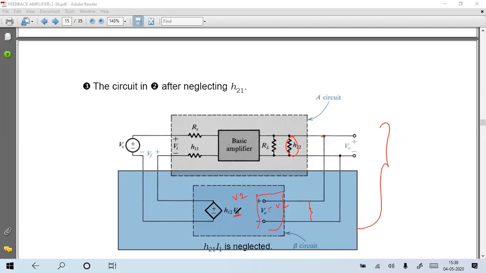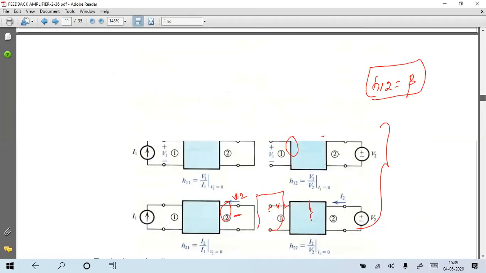In the beta place, what is there now? H12. H12 is nothing but beta. When you are comparing with the ideal network, H12 is nothing but beta. So how can we find the H12 feedback network impedance? How can I find H12? So H12 is nothing but beta now. How to find the beta? You can see here.